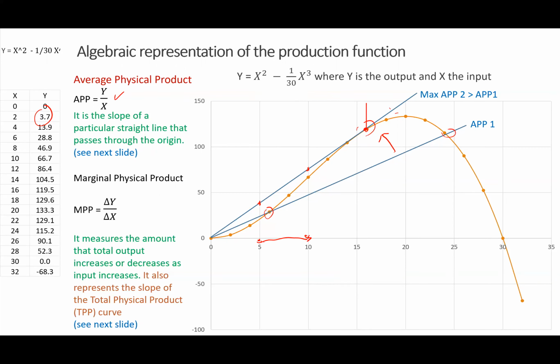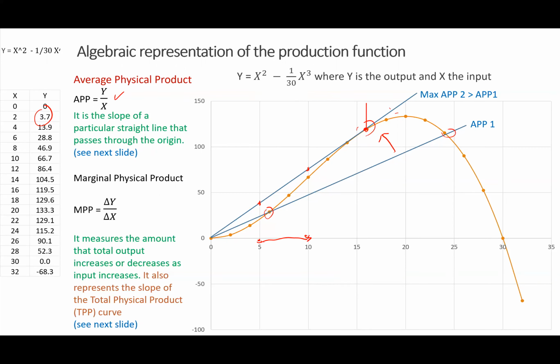So how do we compute those physical products? Given our earlier equation, y equals x squared minus x to the power 3 over 30.